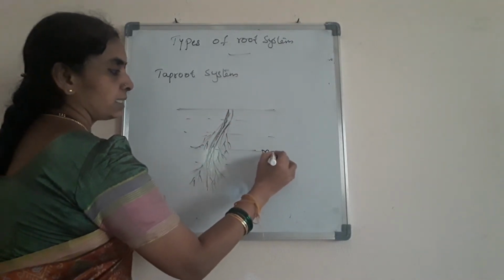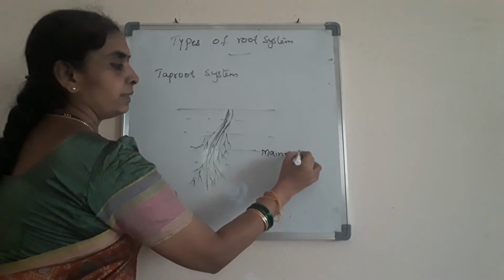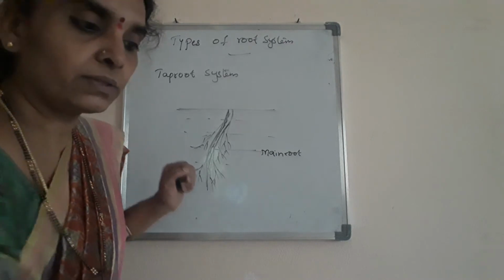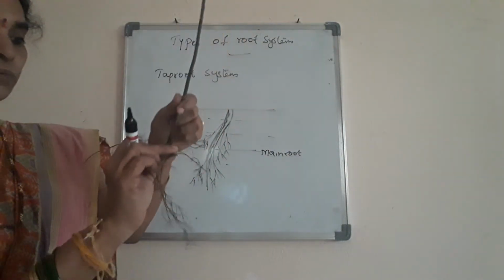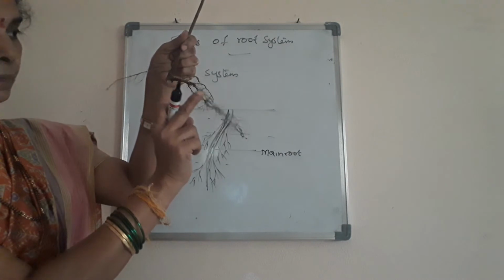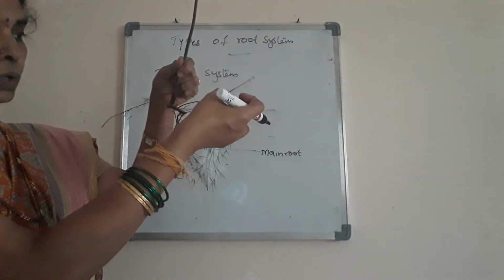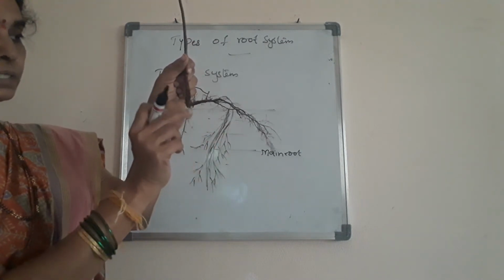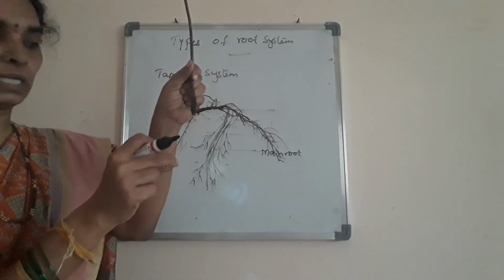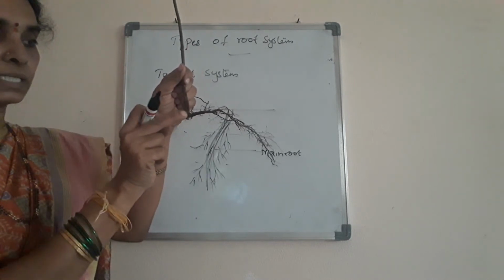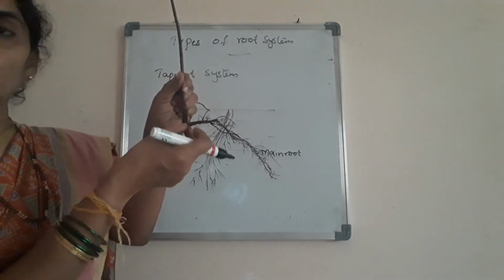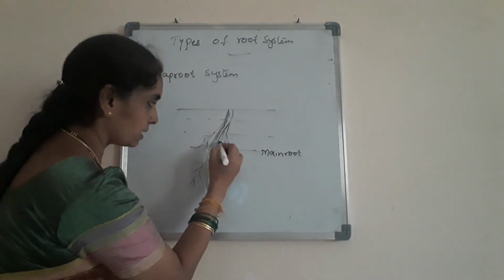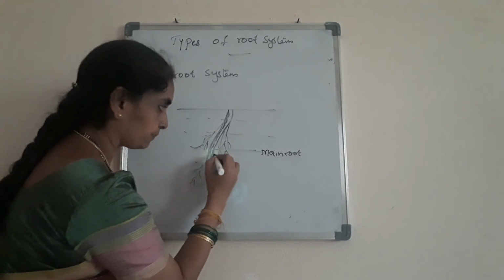This is the taproot. This is the main root. As in the case of the curry leaf plant, you can clearly see the taproot here. This is the main root, taproot, and all the other small rootlets and root hairs, hair-like structures that arise from the main root, you can see over this. These are the lateral roots, and over the lateral roots you find tiny hair-like structures.